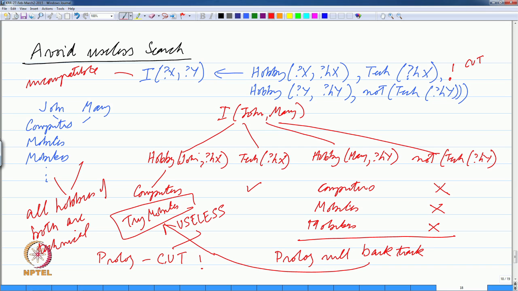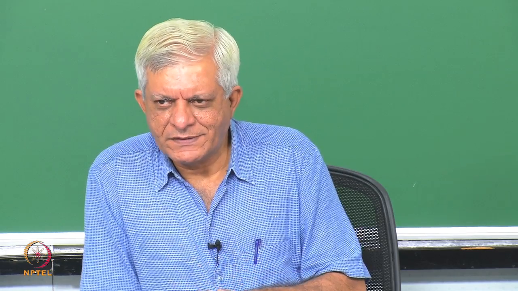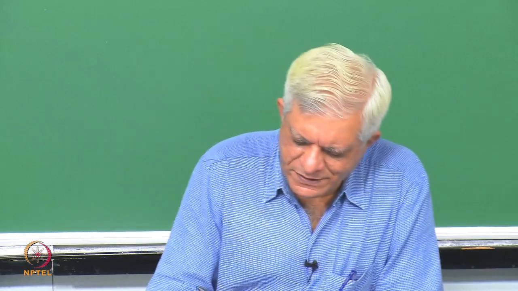So, not G returns false, not tech returns false, not mobiles returns false, because mobiles were technical. So, if you can show the goal to be true, then you return false, otherwise you return this.